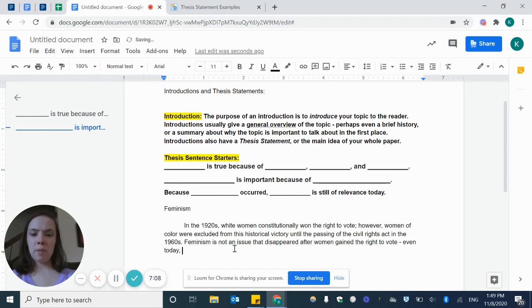Even today, the late 2010s brought about several modern feminist movements, including the #MeToo movement and the Time's Up movement.